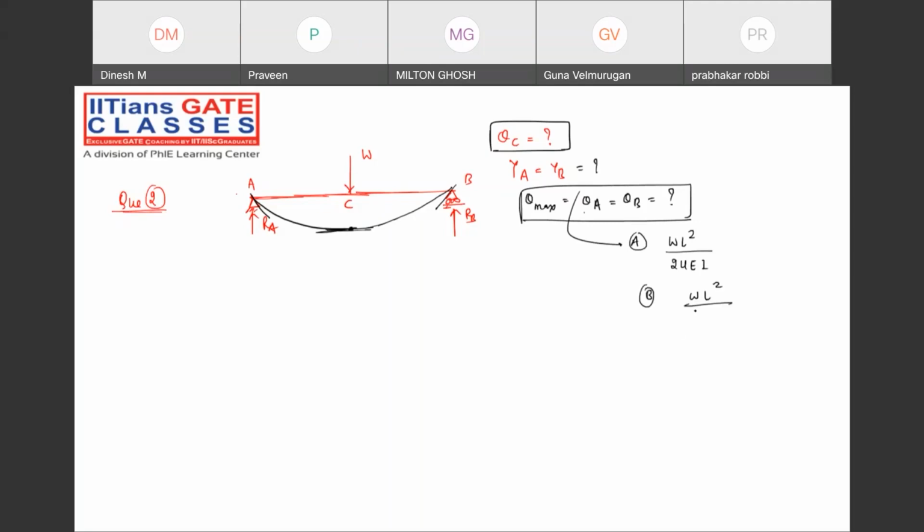L square divided by 8 EI. W into L square divided by 16 EI. WL square divided by 48 EI. All of you, please tell me the answer for the maximum slope. Take your time. Do not hurry. And just tell me the answer.